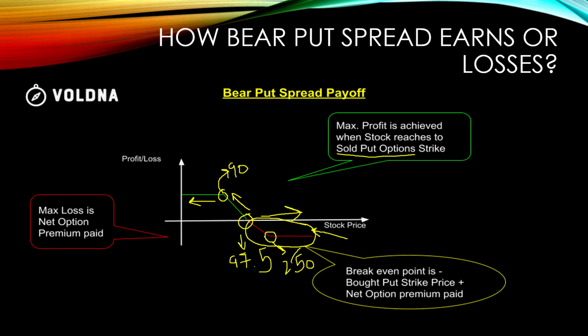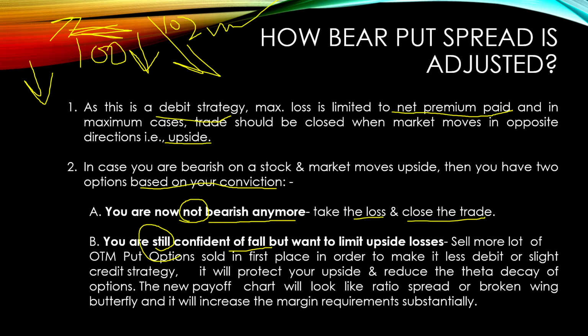So what you can do is sell more lots of the OTM put option that you sold in the first place. Earlier you bought a $100 put option and sold a $90 put option. So you can sell one more lot of this $90 put option. What will this do?